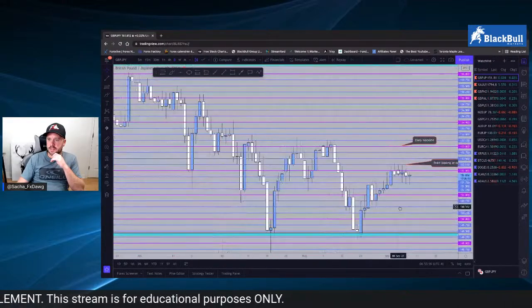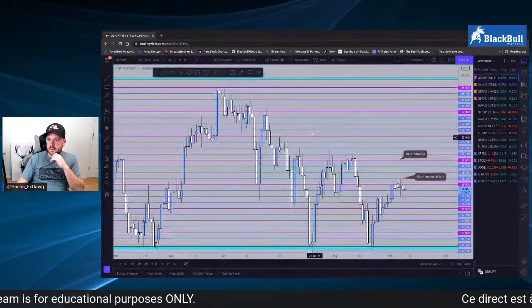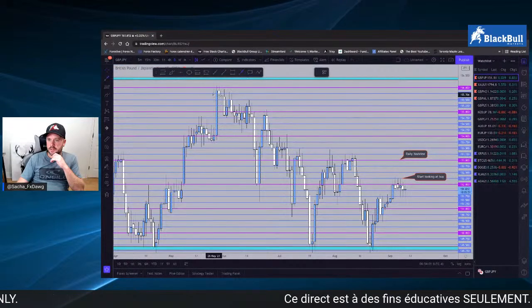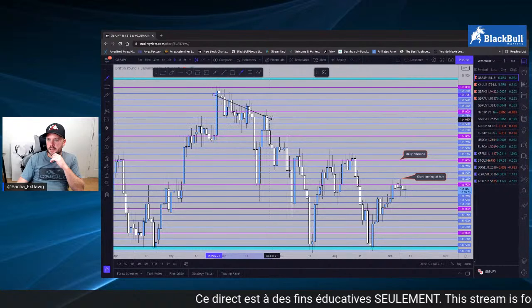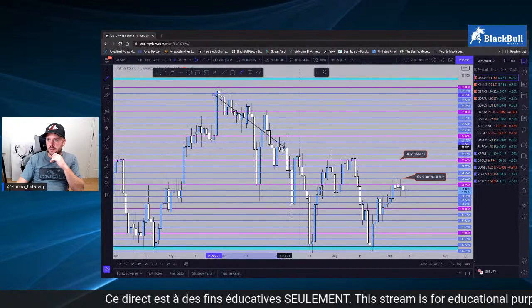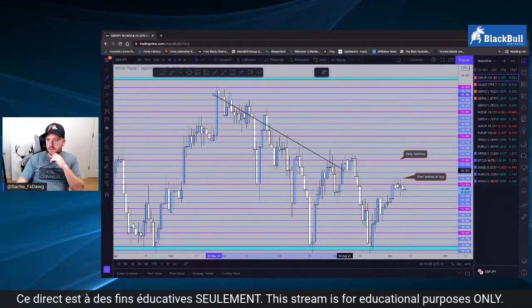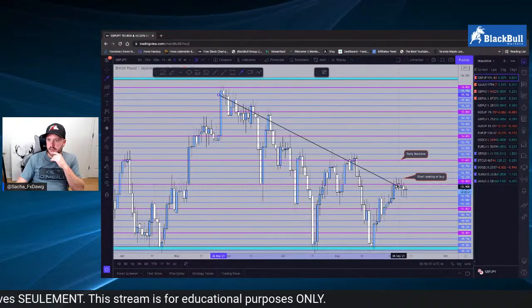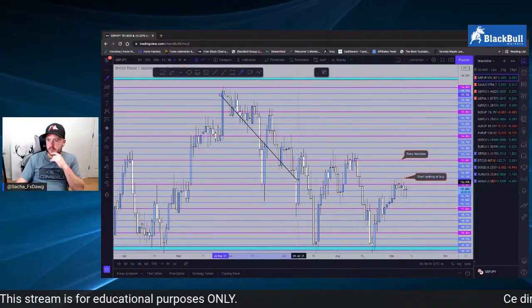So if you look at this right here, let me grab an arrow. We are creating higher lows, higher lows, higher lows. Just here we had this double top, higher lows, and boom. Now it looks like we're coming back down.